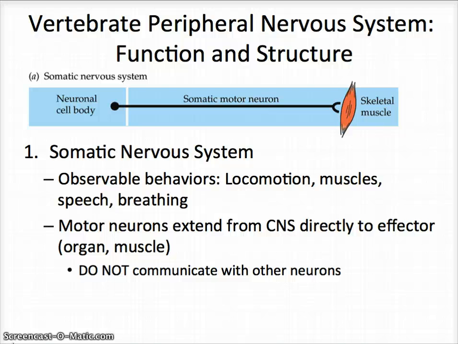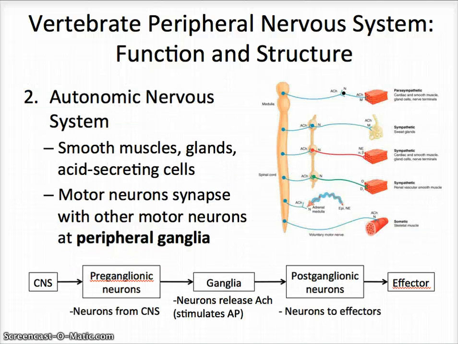In this case, our motor neurons extend from the central nervous system all the way to the effector organ, to the skeletal muscle, to whatever is carrying out the message being relayed through that neuron. So they extend directly there, and because of that, they don't communicate with other neurons.